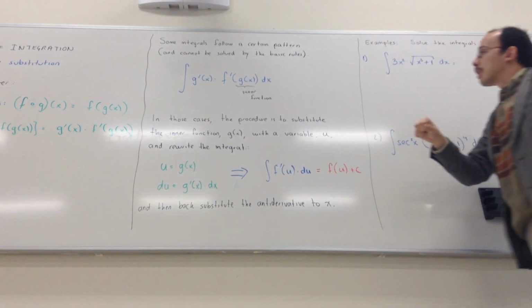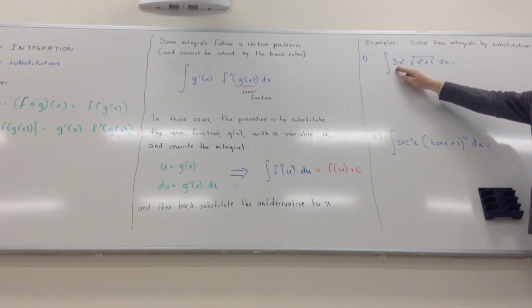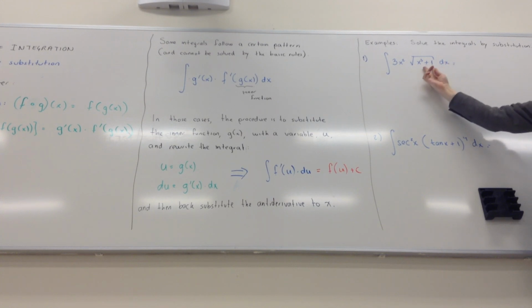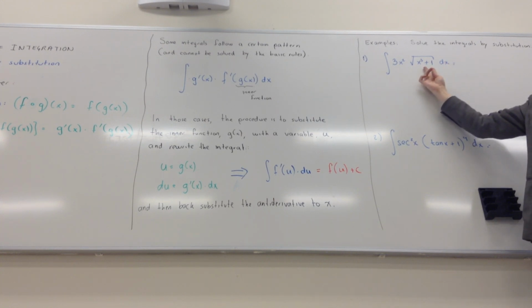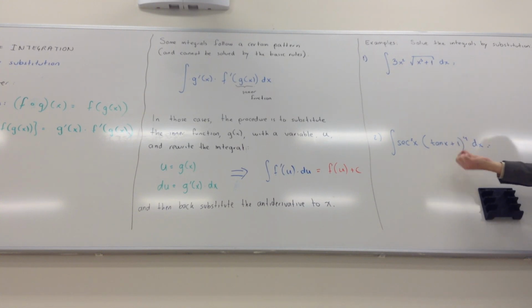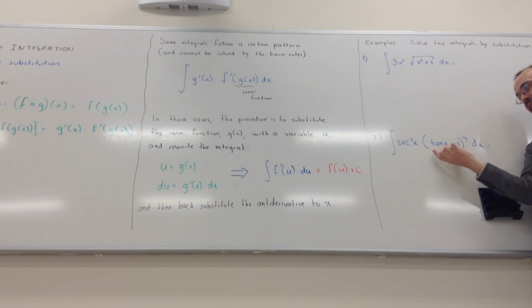Example, check this one. You have 3x squared times the square root of x cubed plus 1. If you observe, you have x cubed plus 1 inside the square root. This is my inner function. And mentally, the derivative of this is what? 3x squared, which is here. Or this one, for example. Tangent of x plus 1 is inside the 4th power, but the derivative of this one is what?